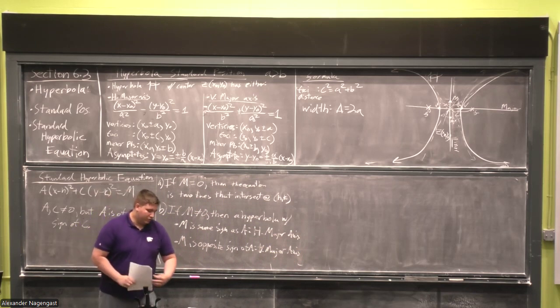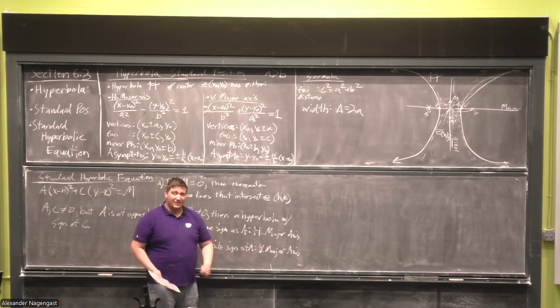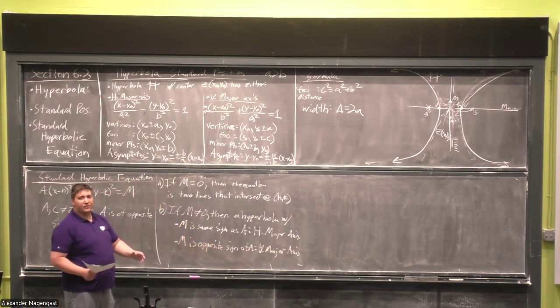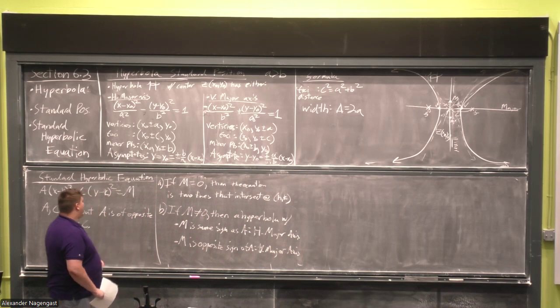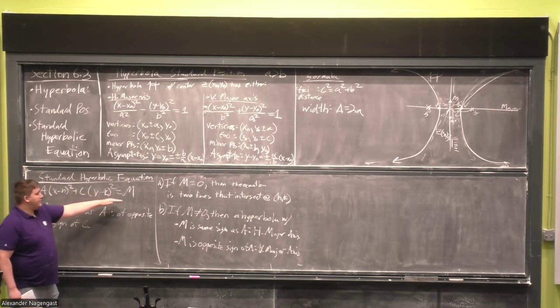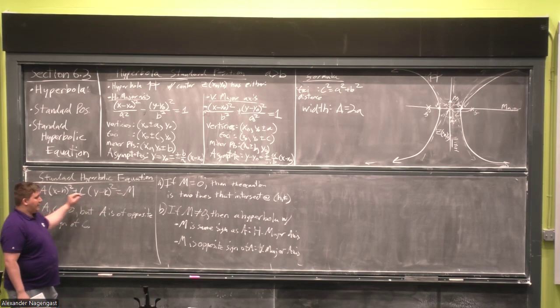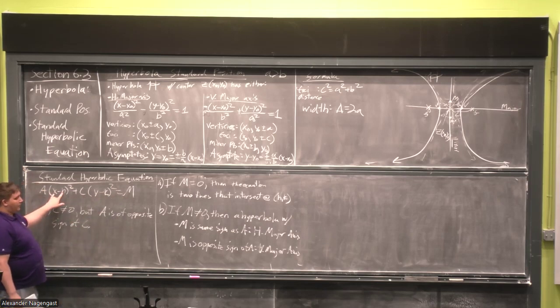So you could also think of this as if m is the same sign as c, but in this case, we're just going to reference the same sort of entity. Now, the other way that you could think about this is if m is the same sign as the term associated with whatever variable, that's the major axis. So if m has the same sign as a, then we have a horizontal major axis because x controls the horizontal coordinate.